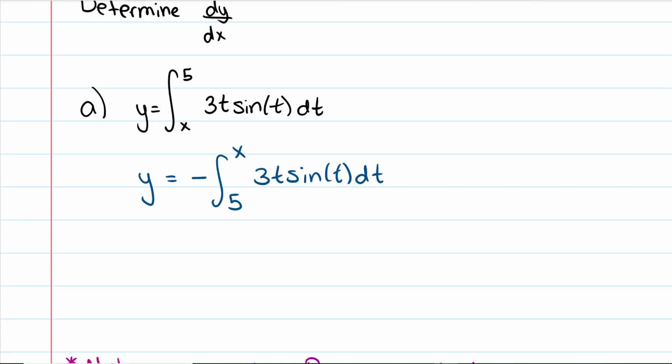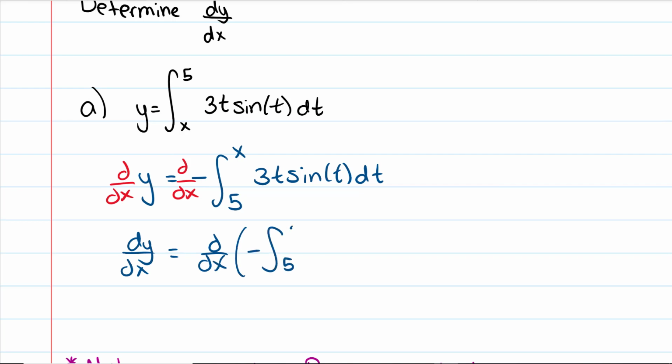So now all we need to do is take the derivative with respect to x of both sides, and you get dy dx is equal to the derivative of negative the integral from 5 to x of 3t sine t dt.